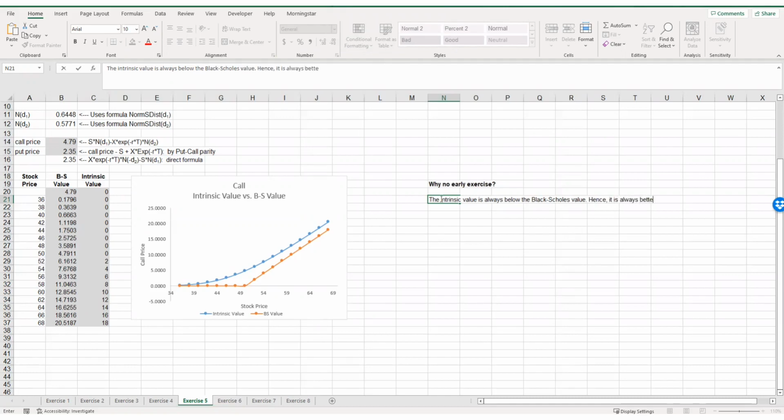So it will always be better to sell the option, realizing the Black-Scholes value, than to exercise it early, in which case you would get the intrinsic value.